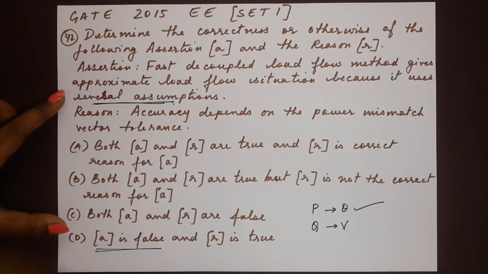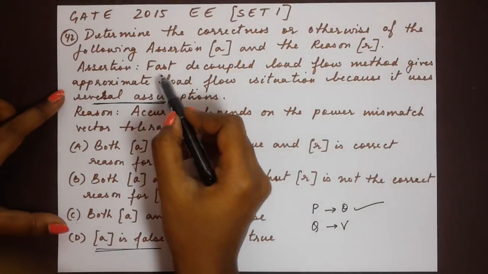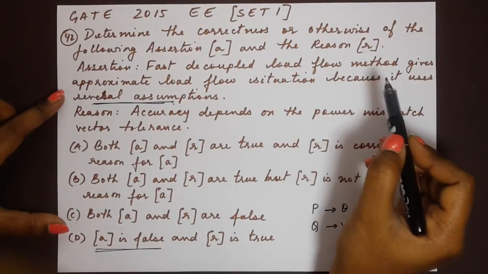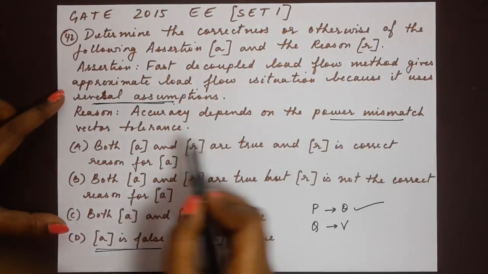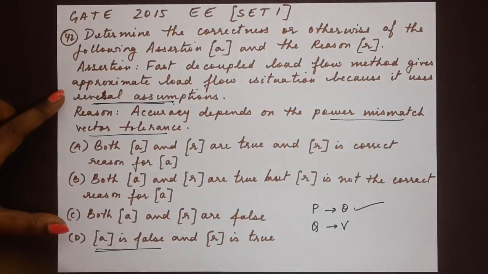Now the first thing you need to do is think about what power mismatch vector tolerance is. Now it is true, R is actually true, since the accuracy of this fast decoupled load flow method does depend on the power mismatch vector tolerance.